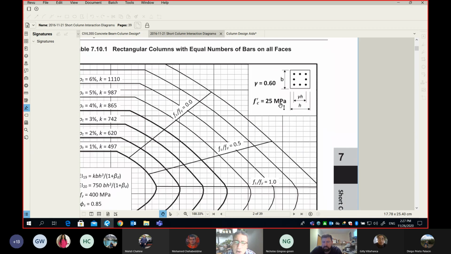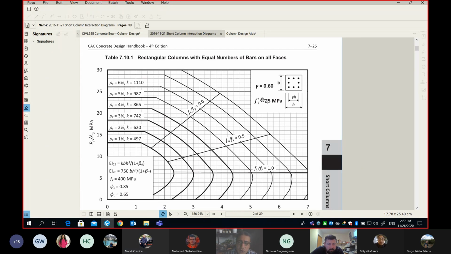But please look at this. What is the value of gamma for this diagram? 0.6. And what is the value of f'c? 25. And what is the shape of the bars? On opposite sides or all around? All around. Okay, wonderful.